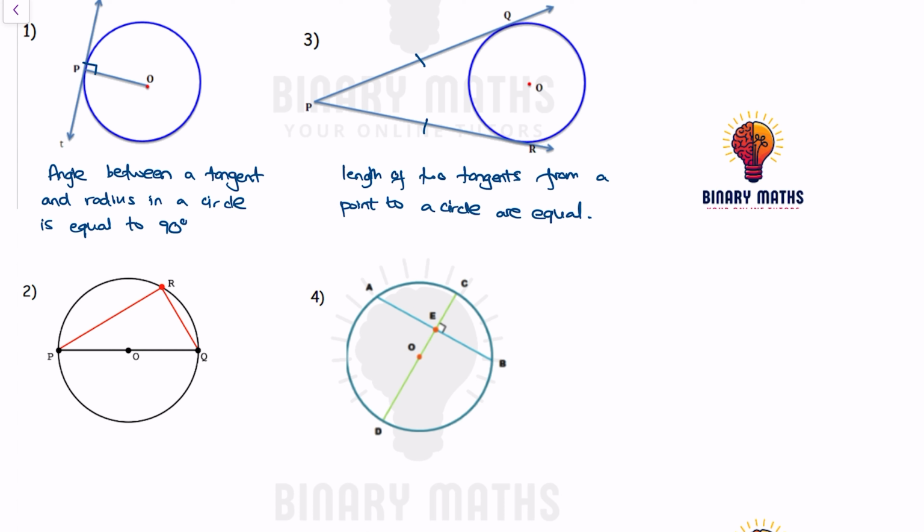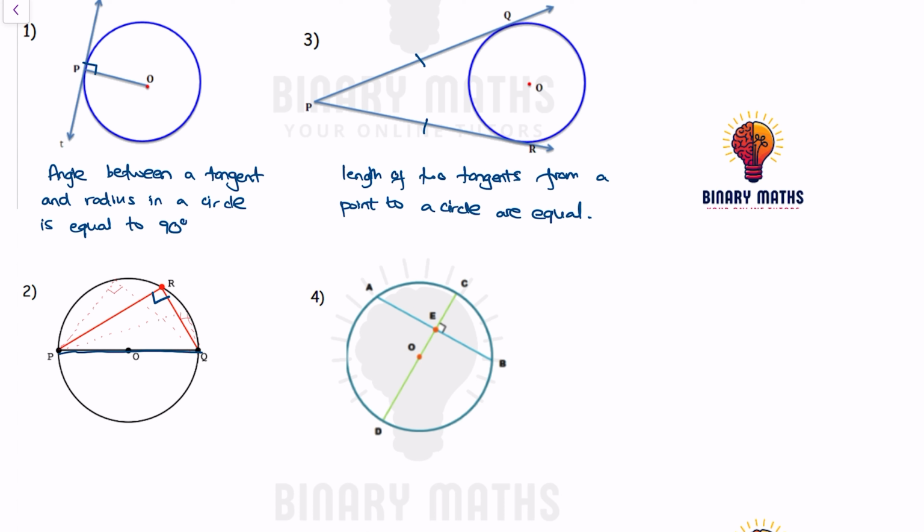Okay, next one. An angle subtended at the circumference by a diameter is always 90 degrees. So if you have the diameter here, then no matter what angle it makes at the circumference, it's always going to be 90 degrees. So if I make another angle here, even that one is 90 degrees.